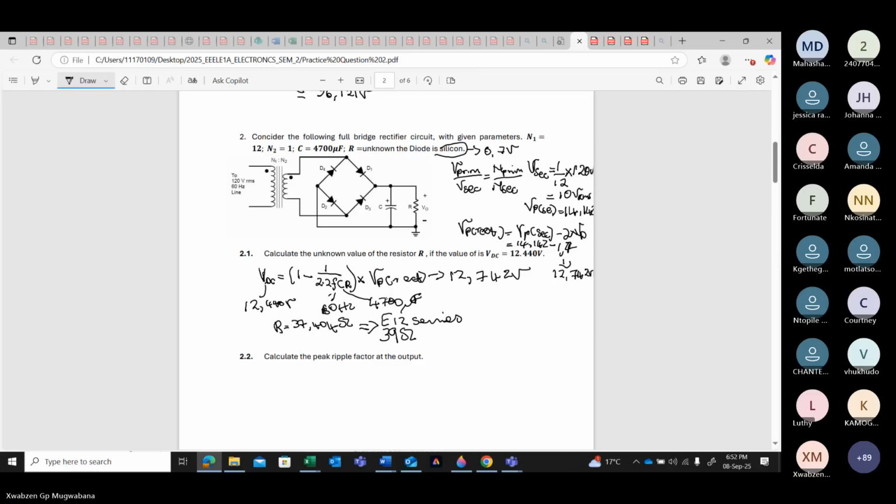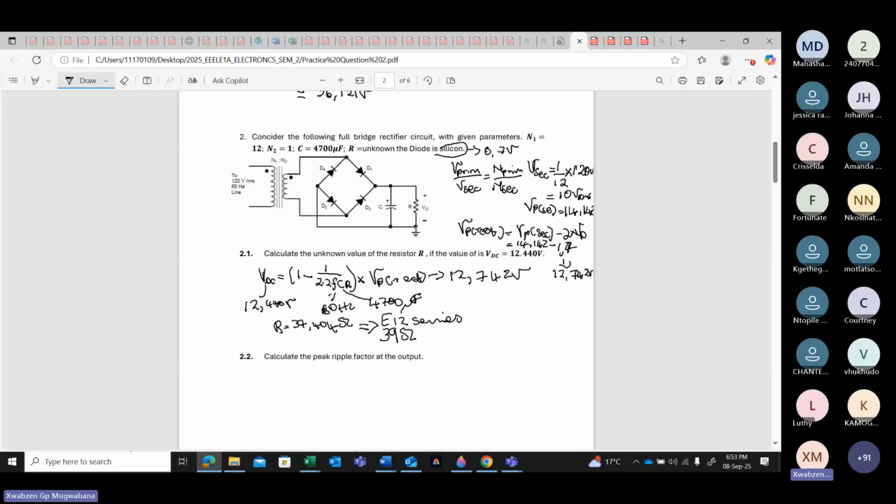No. You will use what is given here, because the circuit was built according to that resistor. Then the capacitor, you will have to write how you find it. Do you understand what I'm saying? Yes, I understand.